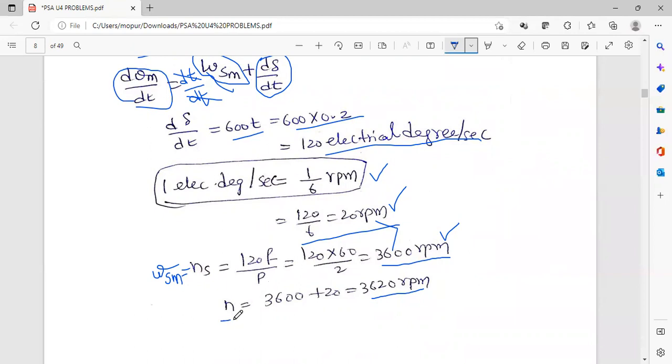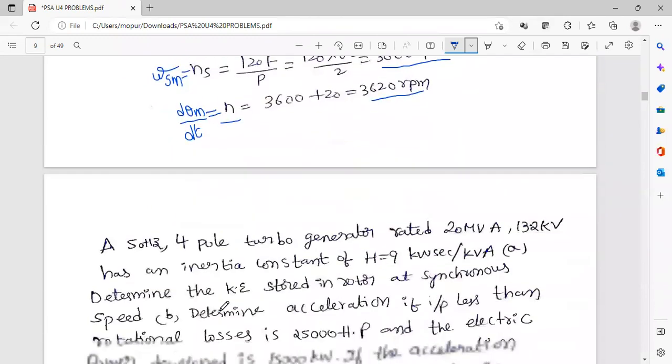This total is the speed, which is d theta m by dt. Now in this formula, we used the swing equation which has H. Now how to solve a problem using the swing equation which has M, where the del will be in mechanical radians? Let us see that.